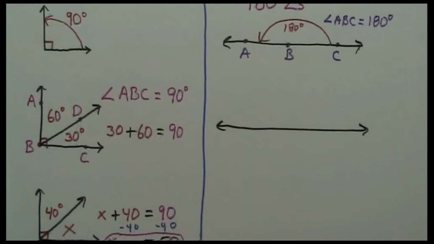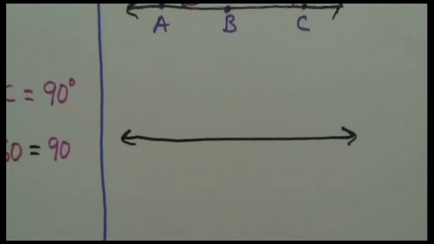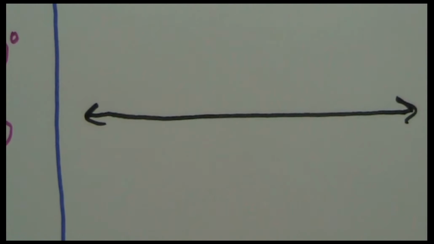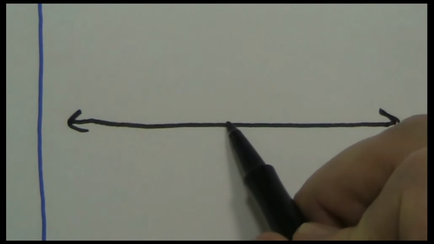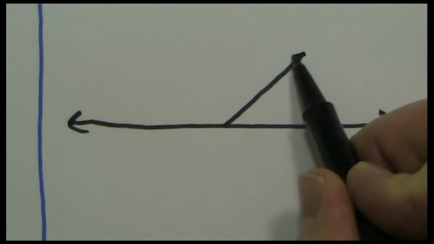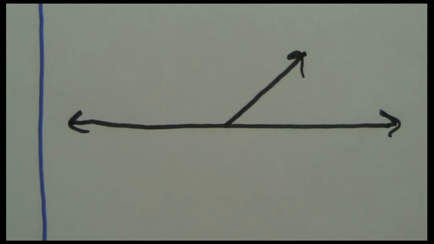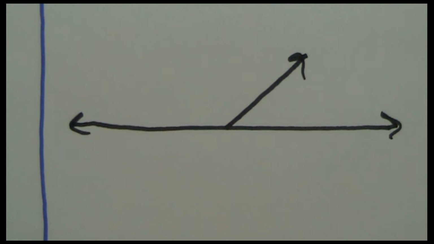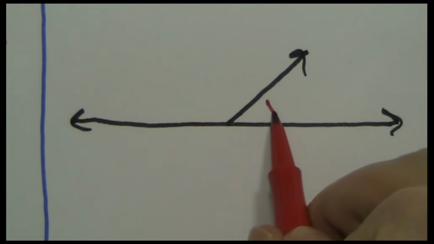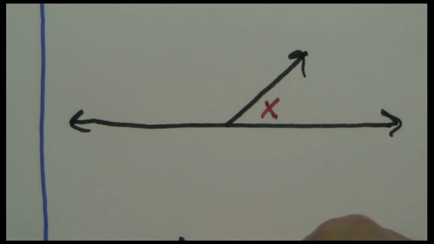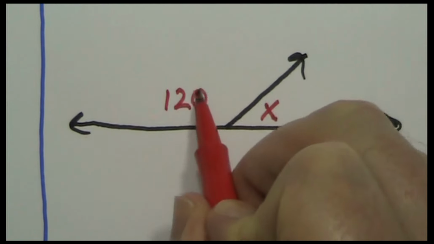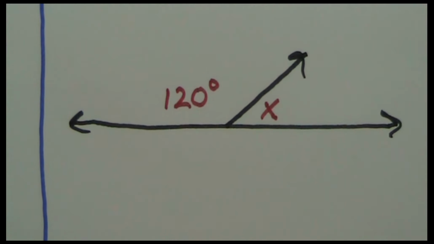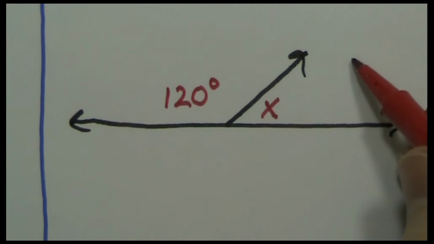Okay, so here's our next one. And I'm not going to put any points in there. But let's say we have a ray like this. And then we are given this angle here is, let's say it's X. I don't know what it is. And this one here is 120 degrees. And we want to know, what does X equal?